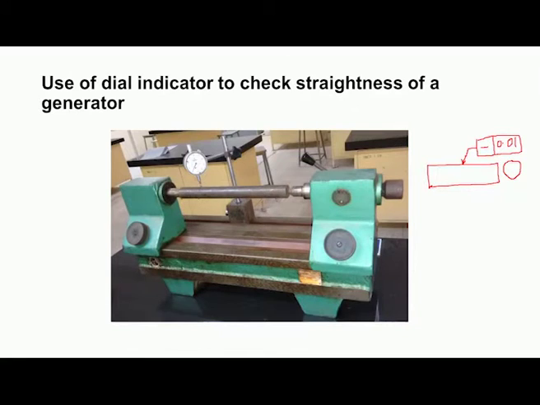Now, what we can do is clean the workpiece specimen to be tested for straightness, and mount it between the two centers. Then we can use a dial indicator and mount it as shown in this figure.